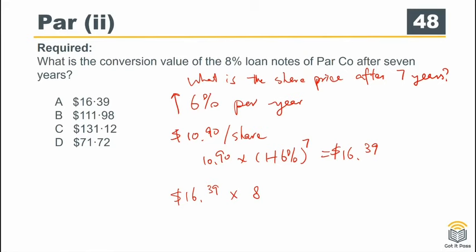You get $131.12 per loan note, which is higher than the redeemable value of $100, right?